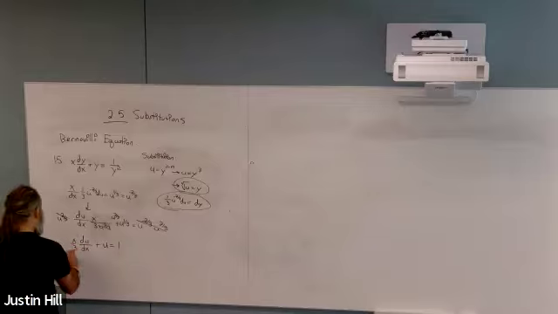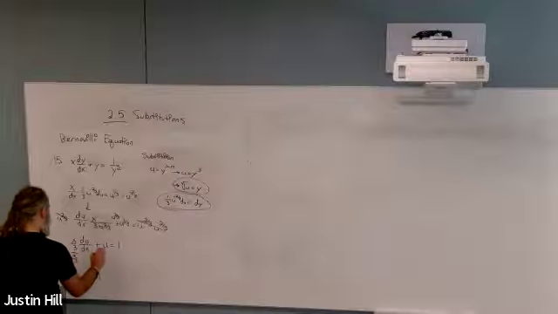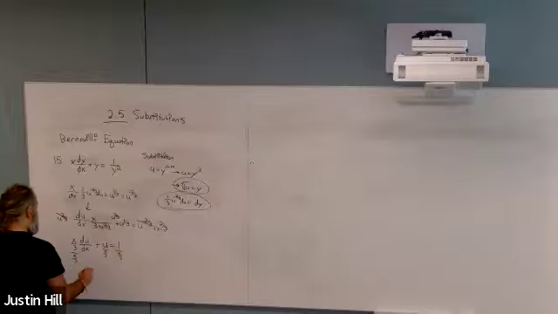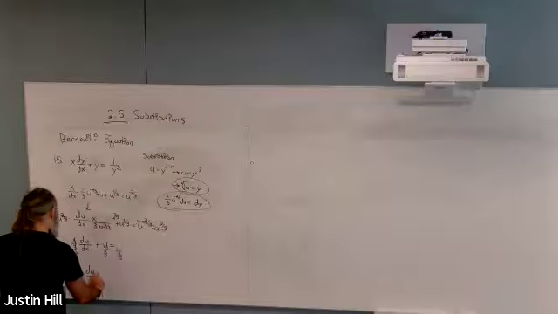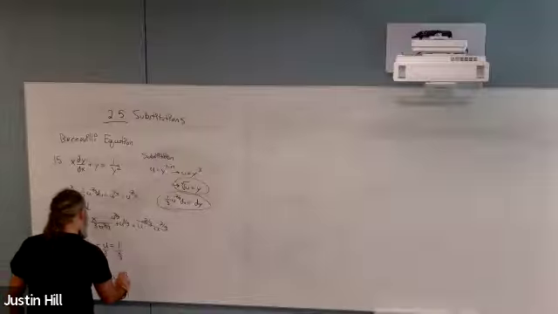So we're going to divide by x over 3 everywhere. And what that does is it reduces this to du dx plus 3 over x u equals 3 over x.